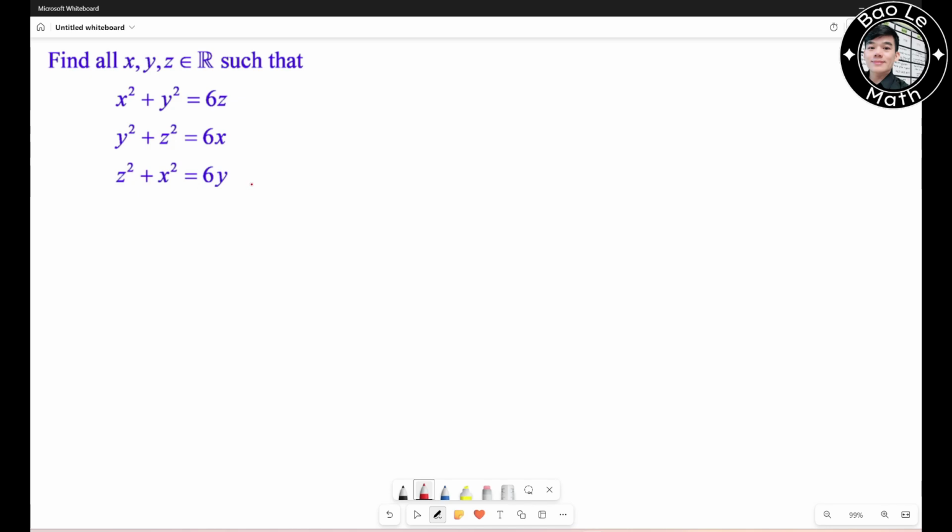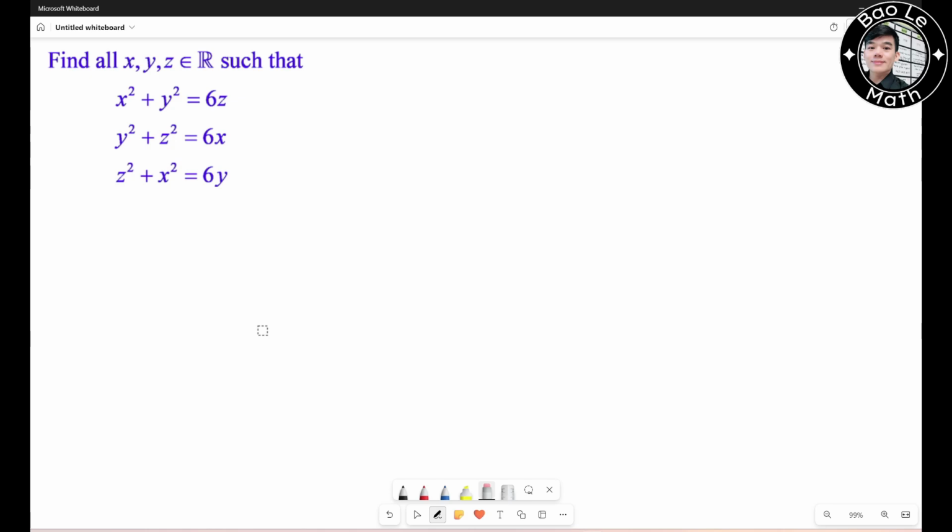This problem is a good example to illustrate a simple yet effective method for solving a system of symmetric equations. By manipulating the given equations, one can construct a polynomial whose roots are the desired solutions.